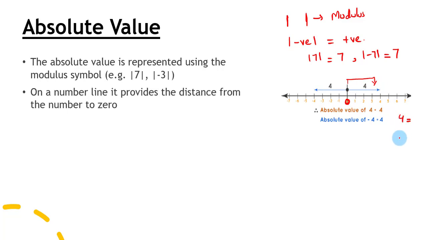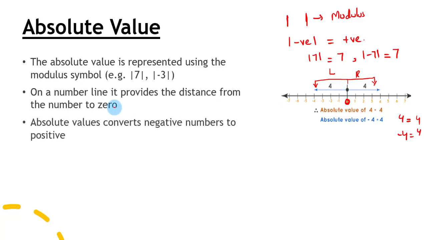But if you take negative 4, obviously you have to move 4 units to the left, but their absolute value is always 4, because when you take the modulus, the value will always be positive. So in terms of the number line, it only tells you about the magnitude of the number.